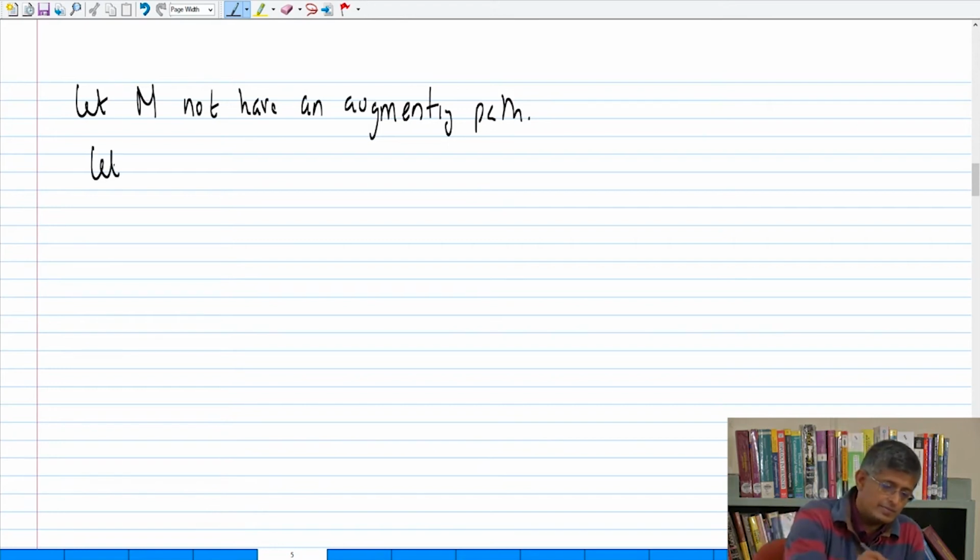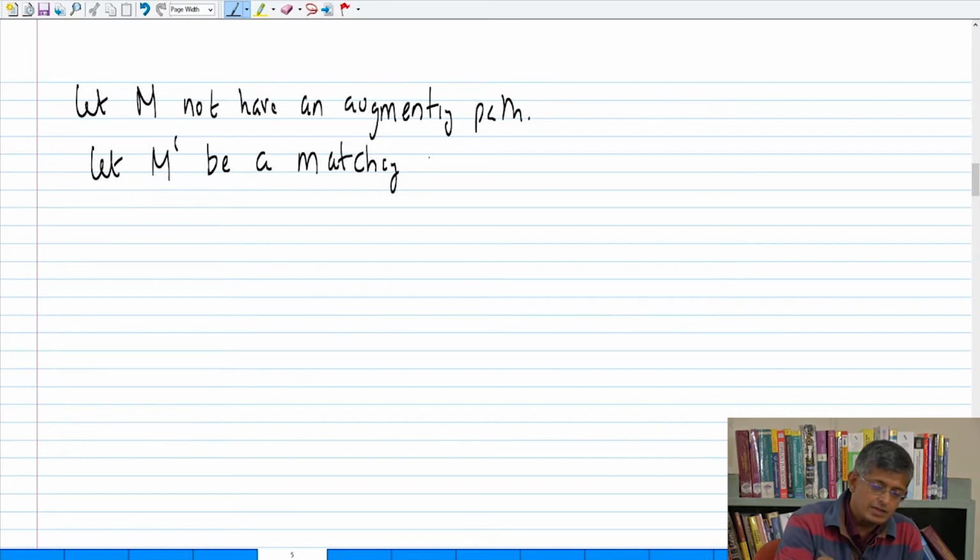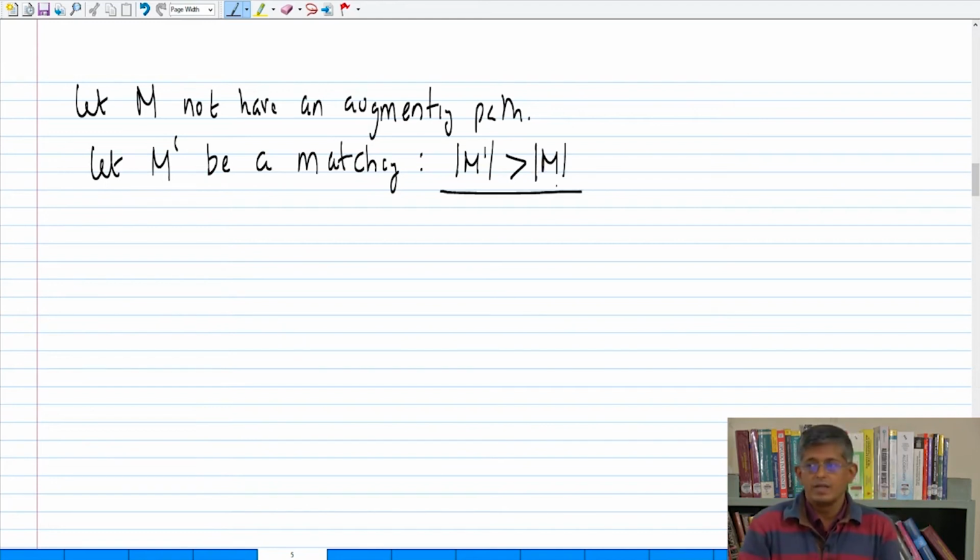Let M prime be a matching such that cardinality of M prime is more than cardinality of M. It has one more edge, which means M prime matches two more vertices than M. Fine.